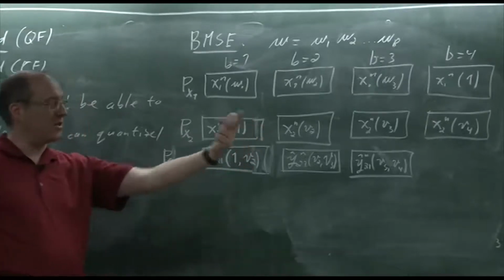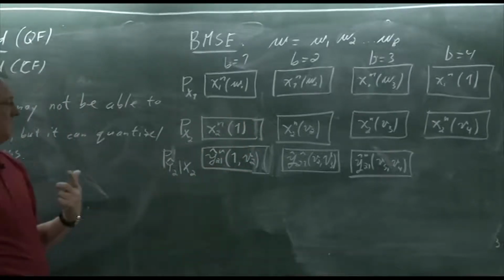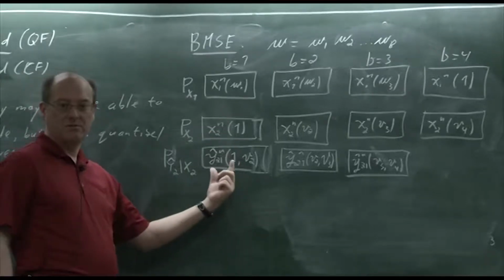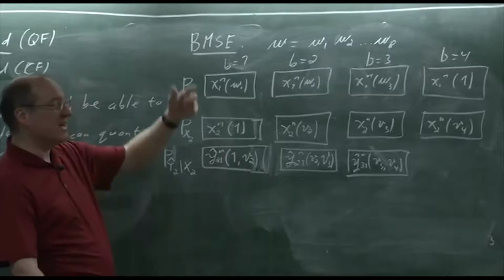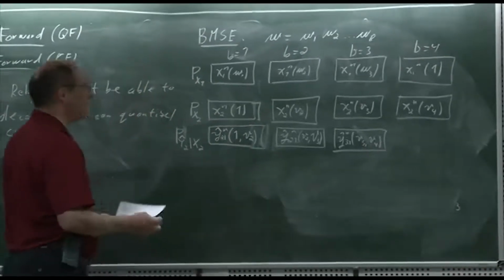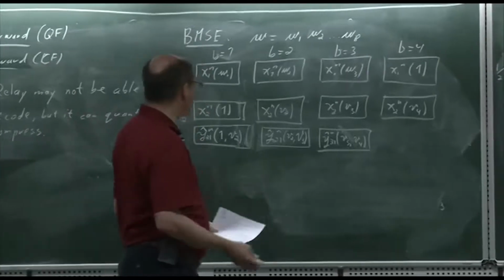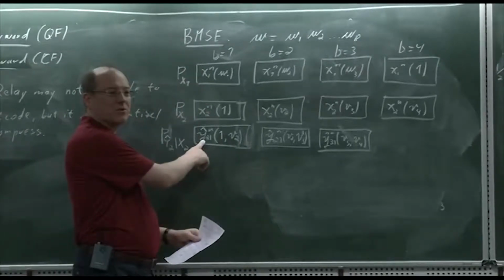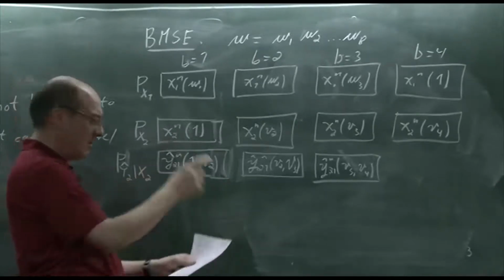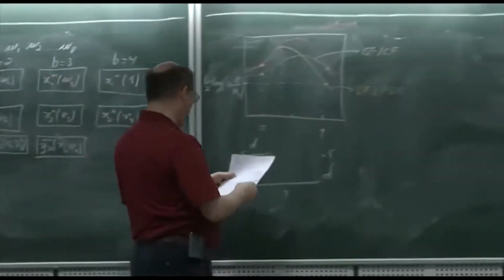Because we'd like to take the channel output of the relay and find in this codebook a jointly typical y2 hat. So the code has to be big enough to accomplish that. Well, how big does that need to be? It's the same as a rate distortion codebook, except that we're conditioning on x2. That's the only difference. Okay, so it looks as follows.